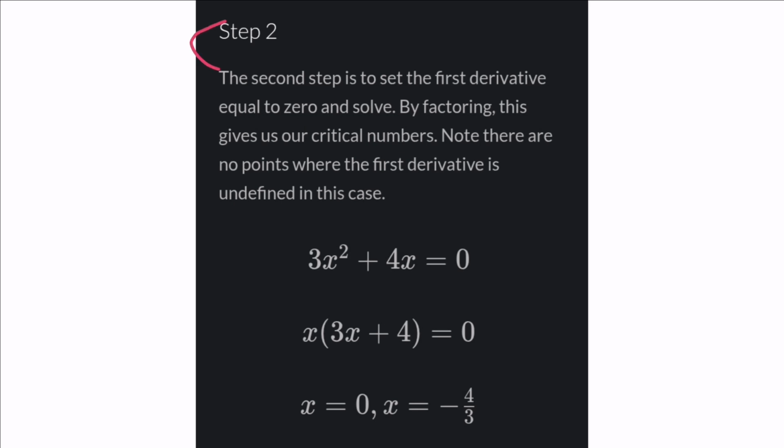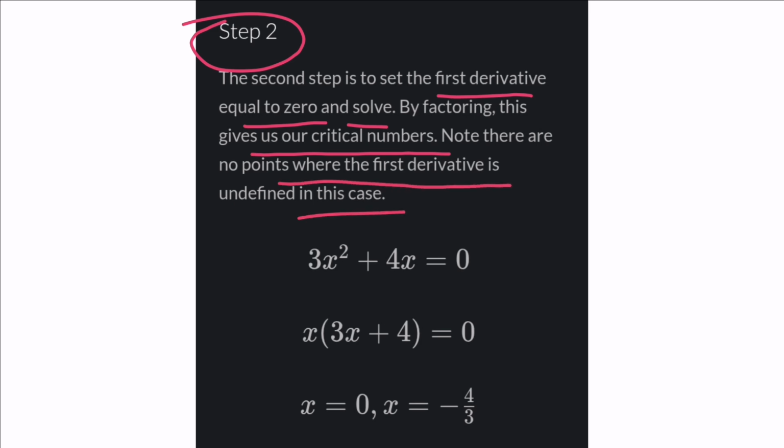Now second step. The second step is to set the first derivative equal to 0 and then solve by factorizing. This gives us the critical numbers. Note there are no points where the first derivative is undefined in the given function.